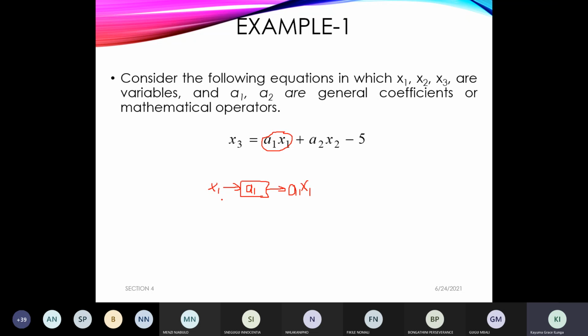So we have the input, which is our variable, the operator, which is the system, and the output. We can do the same thing for a2.